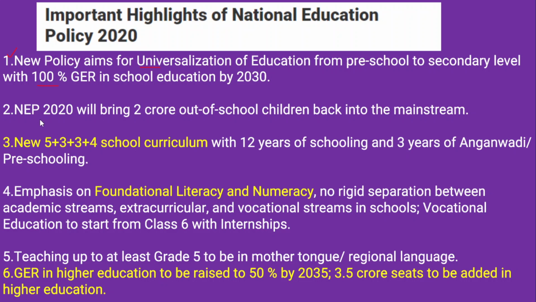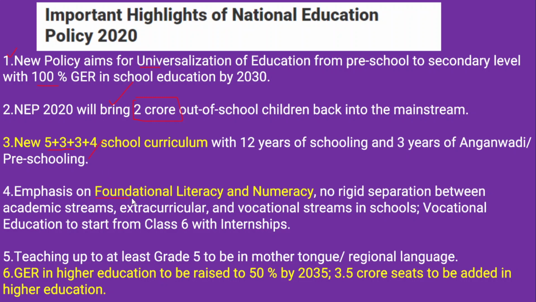After that, the 2 crore out-of-school children will be brought back into school. This provision we have also discussed. And the new school curriculum, that is 5+3+3+4, this provision also we have already discussed. This emphasizes 12 years of schooling plus 3 years of pre-primary or Anganwadi schooling for every child, so they will be ready for formal schooling.